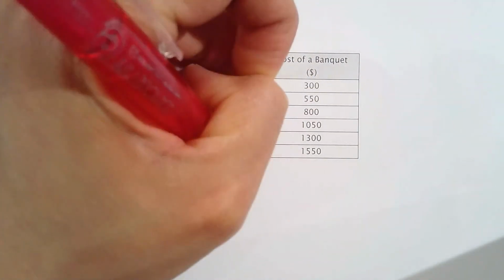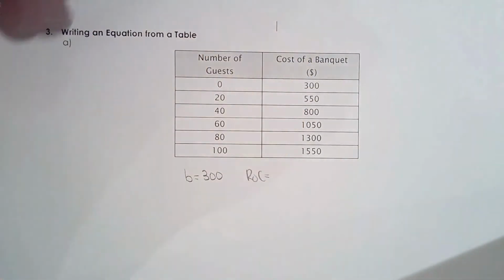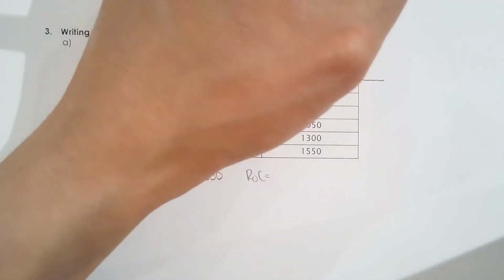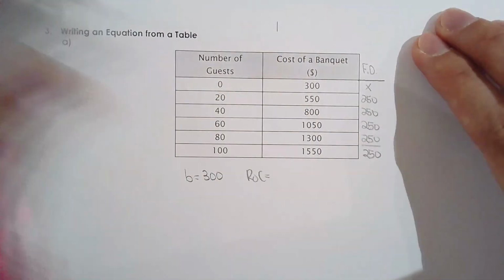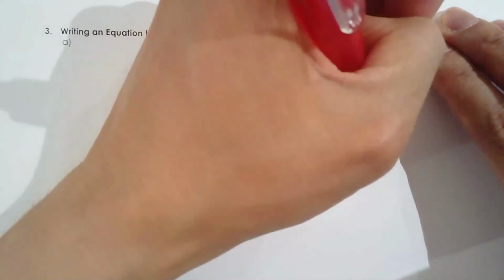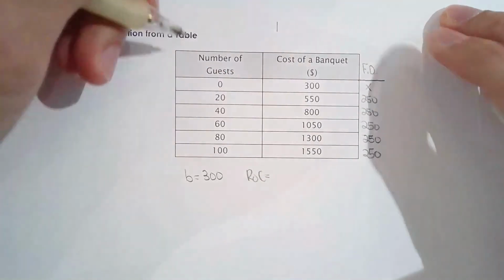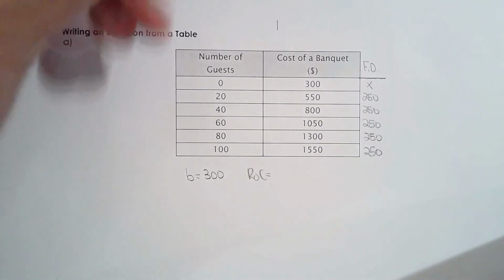So the rate of change, okay, you can find the first differences, which will be your rise. So this is going to be 250, 250, 250, 250. So your rise is 250. What about your run? Because we need both rise and run to find the rate of change.